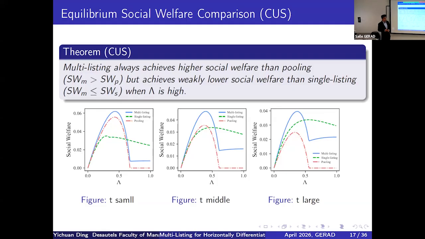This is a very interesting result. At the social optimal, the queue length will be much shorter than the equilibrium queue length. So that's a classical result, and what we have here echoes it. Multi-listing is actually not good when the system is very congested.